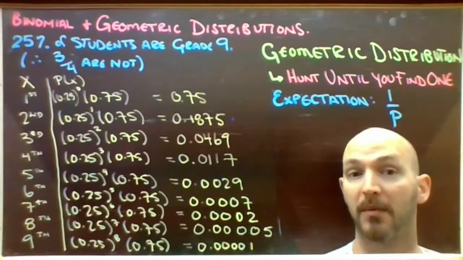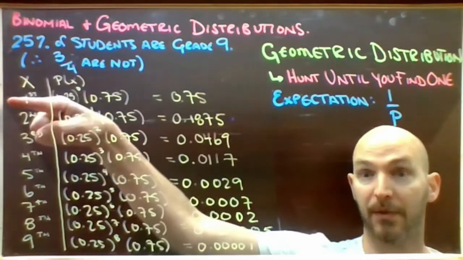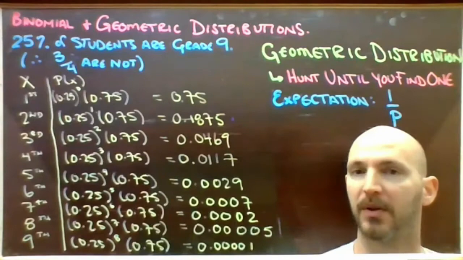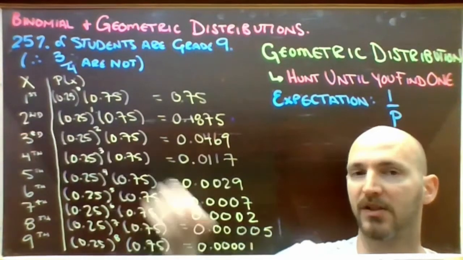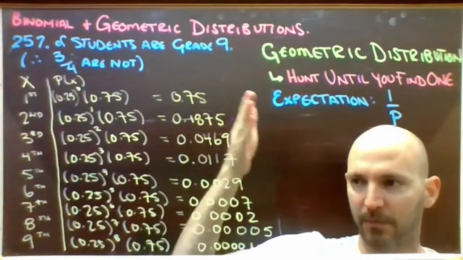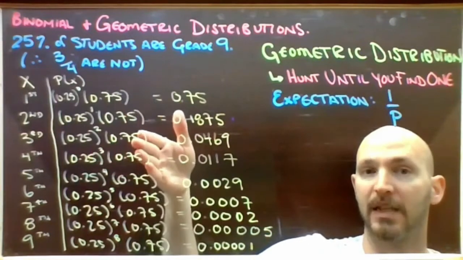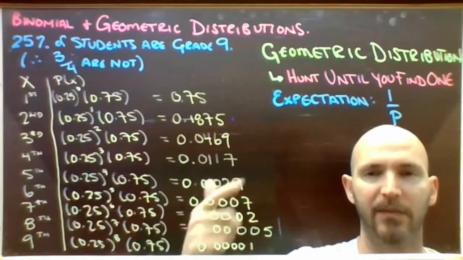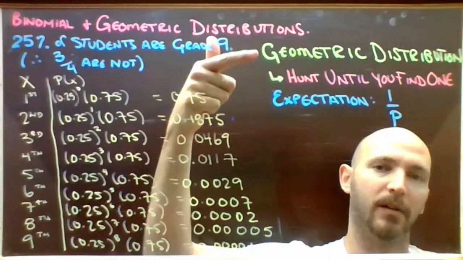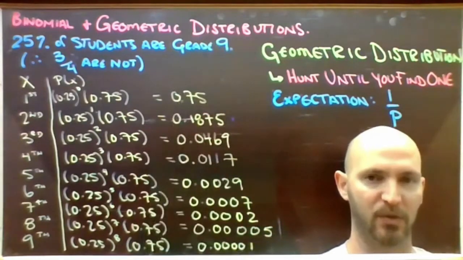So what's the probability that you find your keys in the first place you look? What's the probability that you find them in the second place you look? Because you're going to keep looking in places until you get your keys. And if that's the activity that you're doing, you are following a geometric distribution.